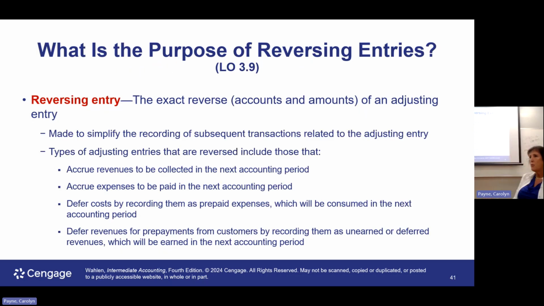Oh, reversing entries. We need to talk about this. Sometimes we accrue stuff just for the purpose of preparing financial statements. So for example, we have a long-term debt. If we owe money, it's costing us what? We borrowed money at the bank. Interest.